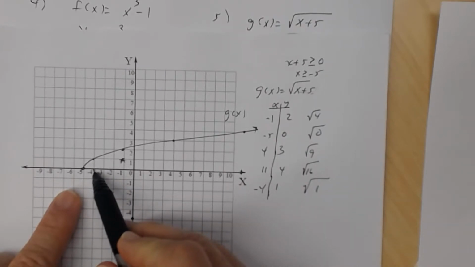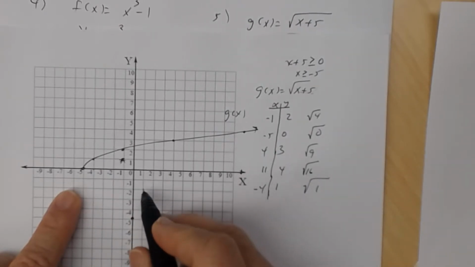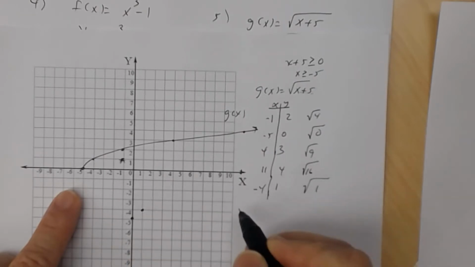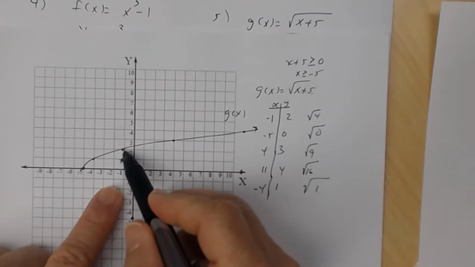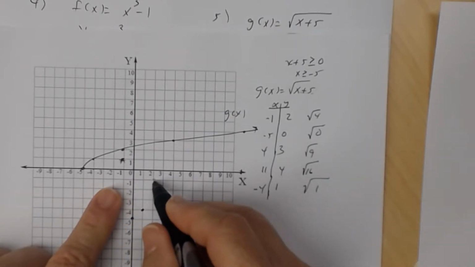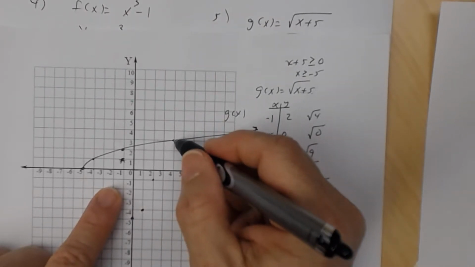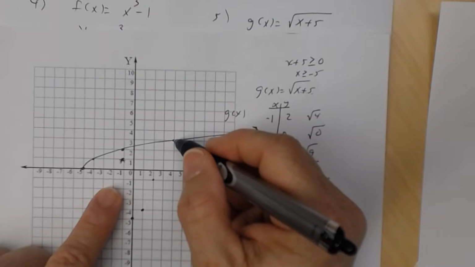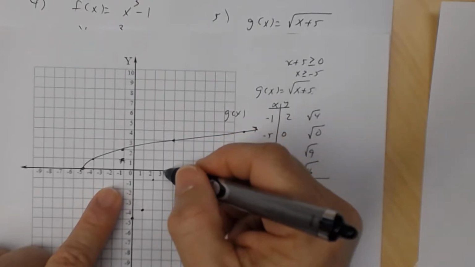If negative 4, 1 is on g of x, then 1, negative 4 is on the inverse. If negative 1, 2 is on g of x, then 2, negative 1 is on the inverse.